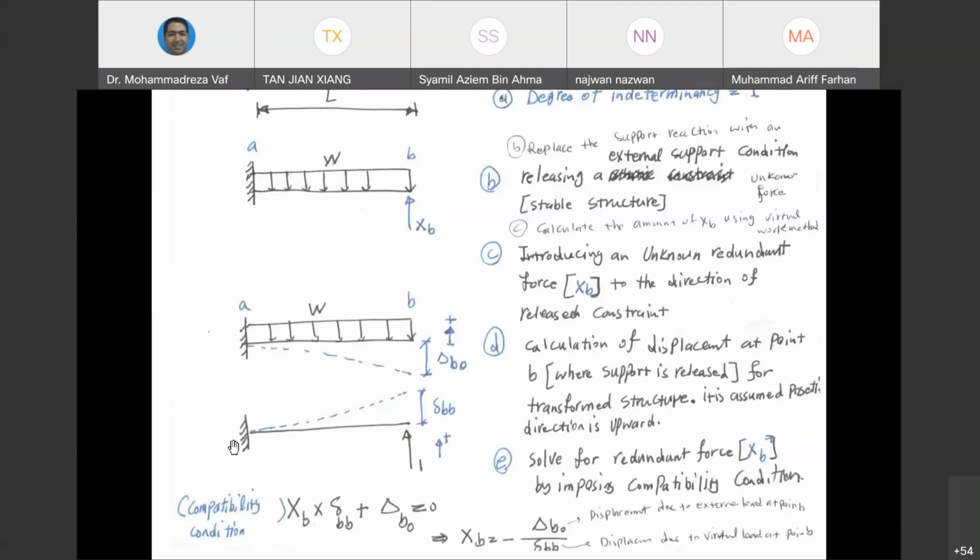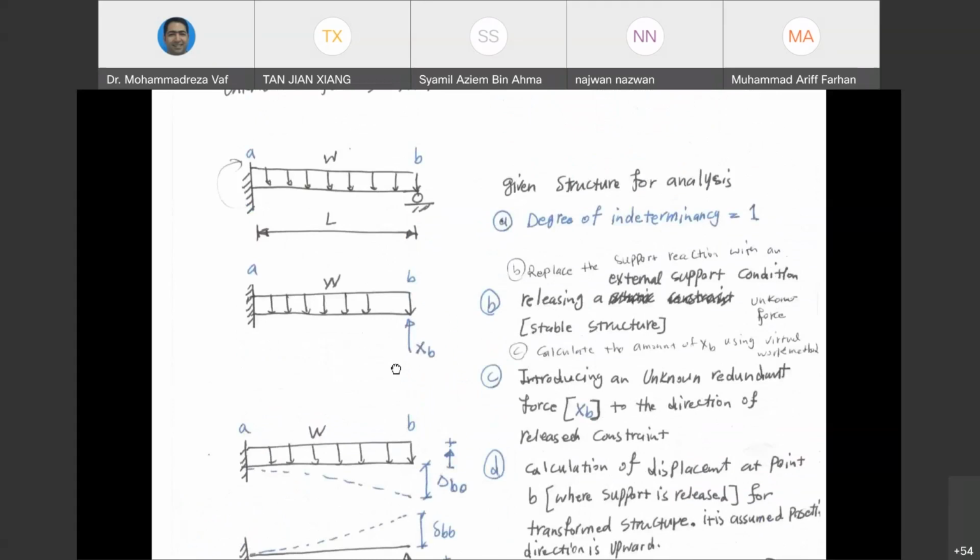Then you need a second structure, which is exactly similar to the first one, but without the external force. In the second structure, you apply a unit load at the place where you removed the support reaction. You calculate two deflections, one from the first structure and one from the second structure. You put them inside the compatibility equation, you get the unknown support reaction, and then your beam is determined. So this is what you need to do when it comes to the force method.